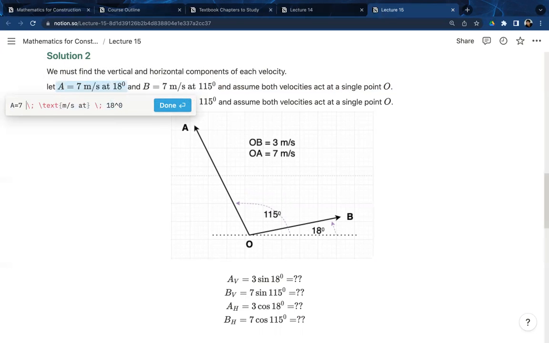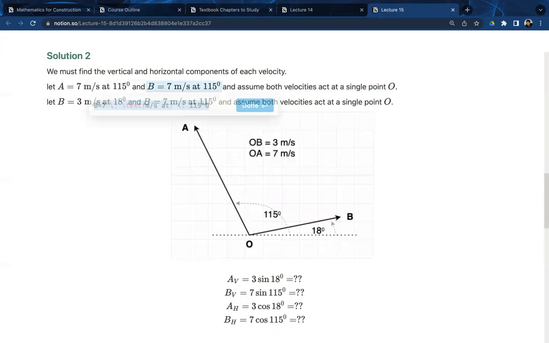So A should be the 7 at 115. B is the 3 at 18, right?